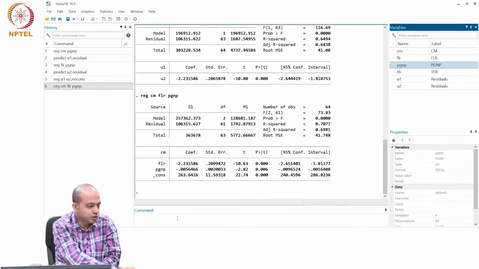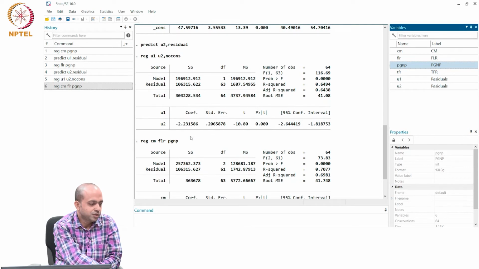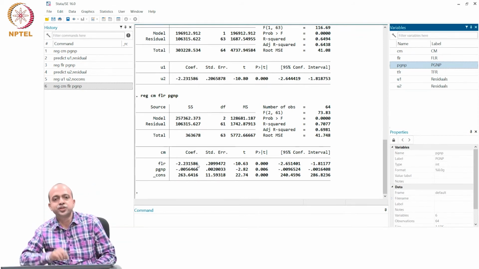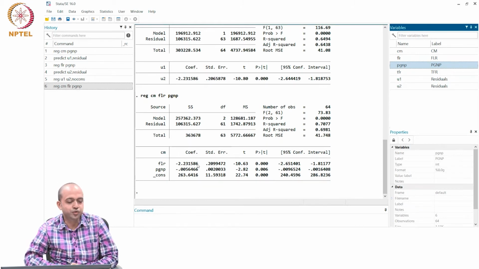What is the coefficient of FLR? Minus 2.231. What was the coefficient we got following the steps? If you check, that is also minus 2.231586. Here also minus 2.231586. So this coefficient exactly matches the coefficient we got earlier.